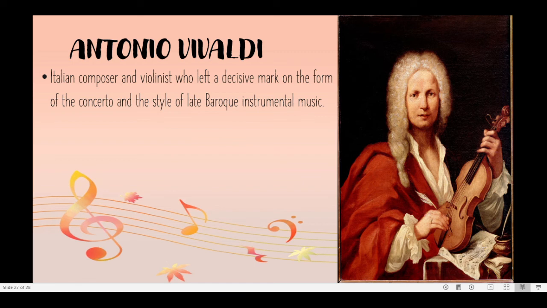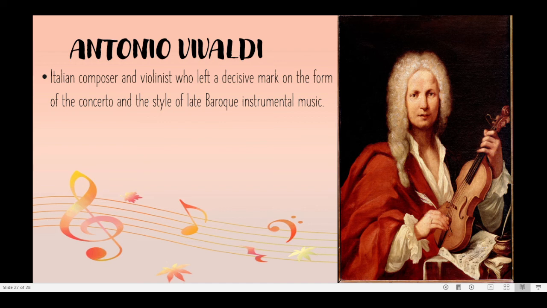Vivaldi's music became widely known and performed all throughout Europe in large part due to his publications with Estienne Roger of Amsterdam, whose distribution was well organized. He had, for example, a distributor in Leipzig with whom Bach was in regular contact, and Bach indeed adopted a number of Vivaldi's works for organ and harpsichord, and as concertos for harpsichords and strings.